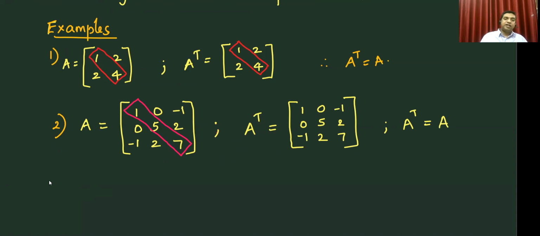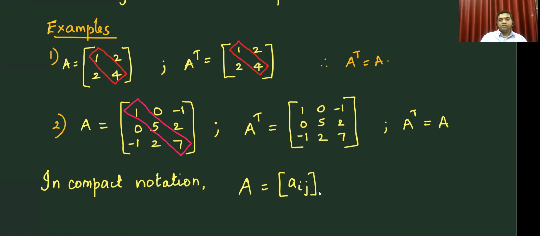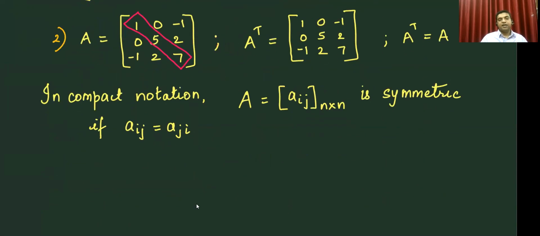All right. Now in compact notation, A equal to Aij, n cross n, it has to be a square matrix, is symmetric if Aij is equal to Aji for all i not equal to j.